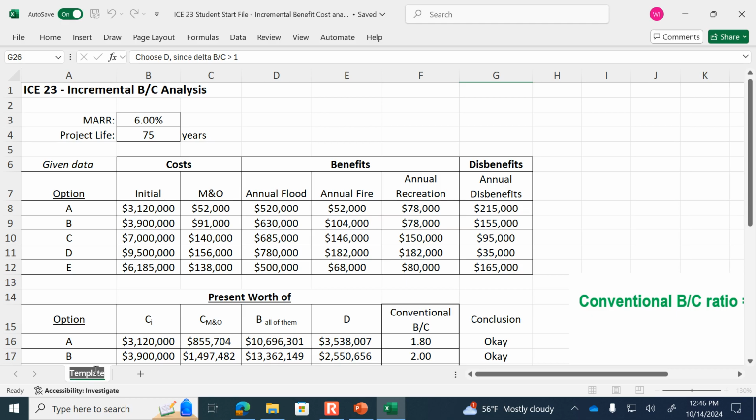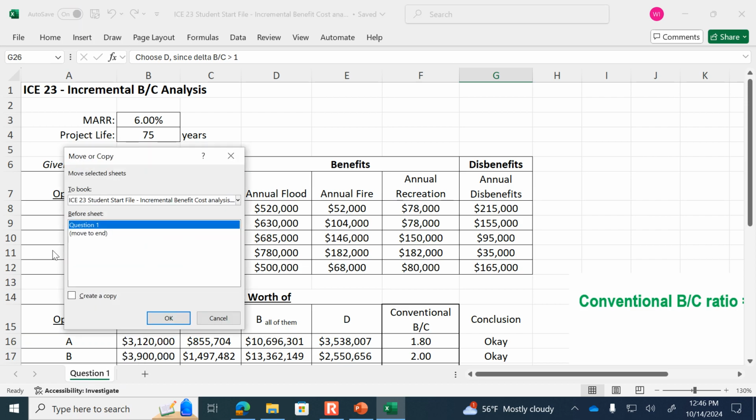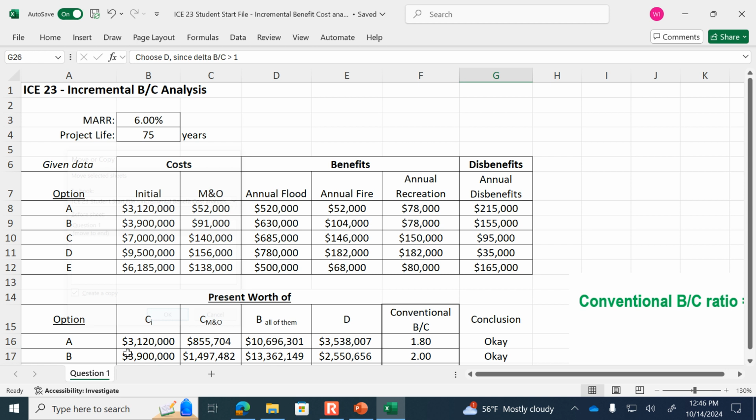So this was part 1, question 1. Now for question 2, we'll just make a copy of it so that we don't have to tinker with what we've already done. Because question 2 is asking, remember, everything depends on interest rates.